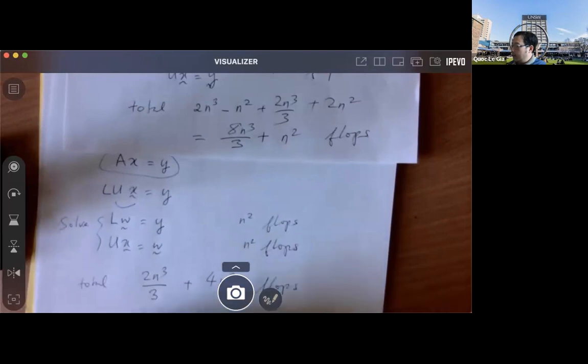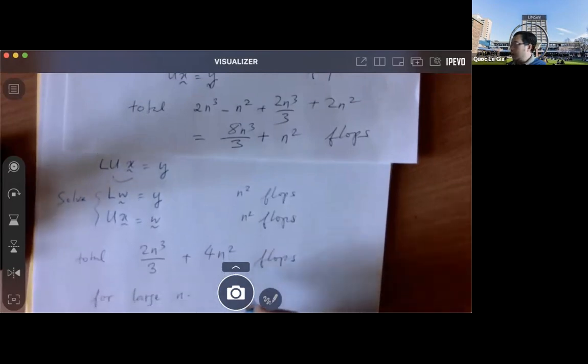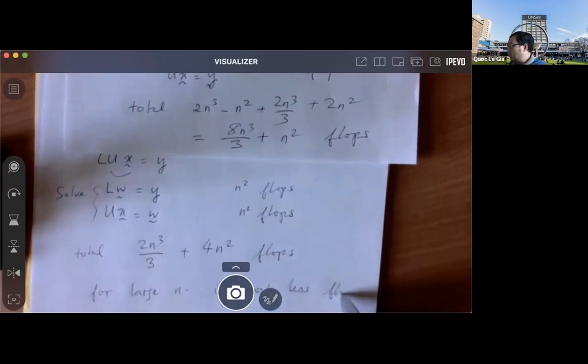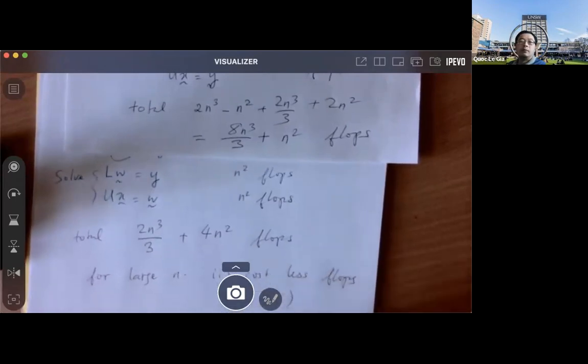So for large n, the second approach costs fewer operations than the first approach.